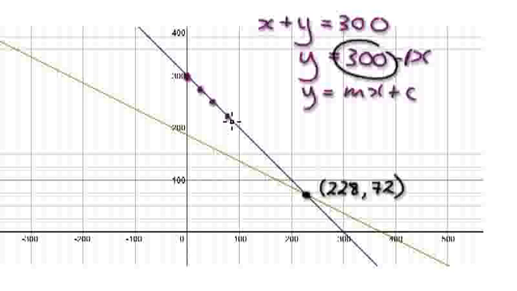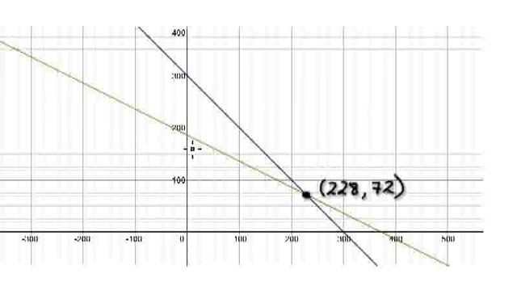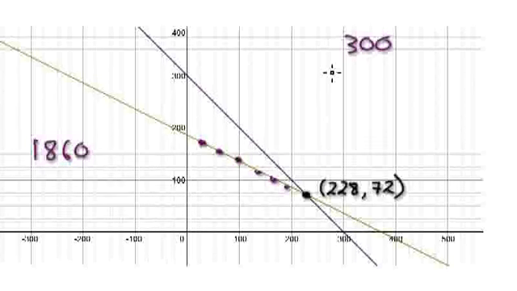Can you see that? Now we've been given two conditions. When you select any point on the green line, it will give us a suitcase value of 1,860. But we also have to satisfy the other condition, that we have 300 notes inside our suitcase.